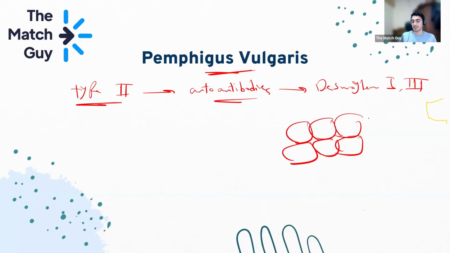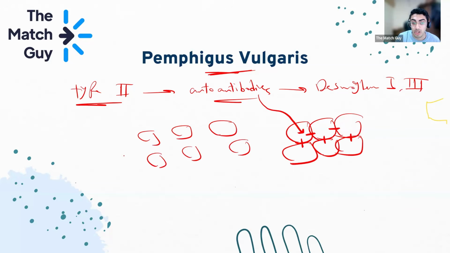Let's say these are the keratinocytes in the epidermis. Between them, we have desmogleins that bind the keratinocytes together. If we have autoantibodies against these desmogleins, the keratinocytes will start separating from each other. We call this acantholysis.